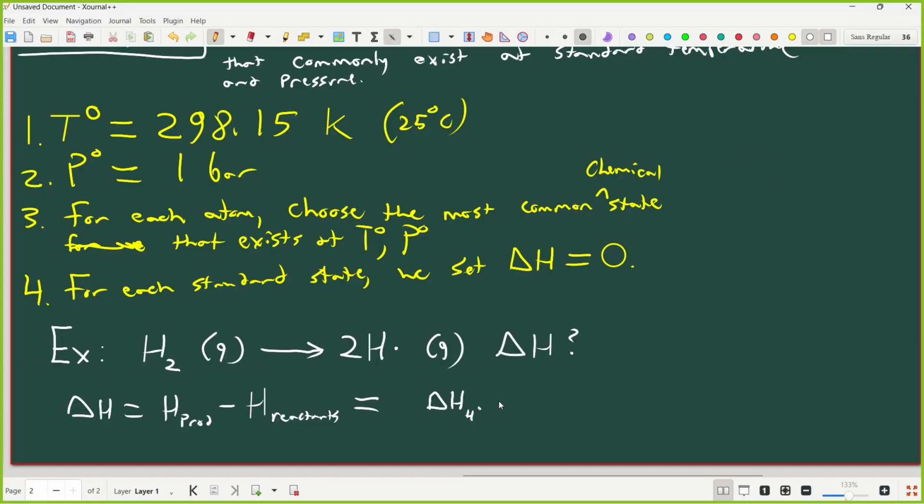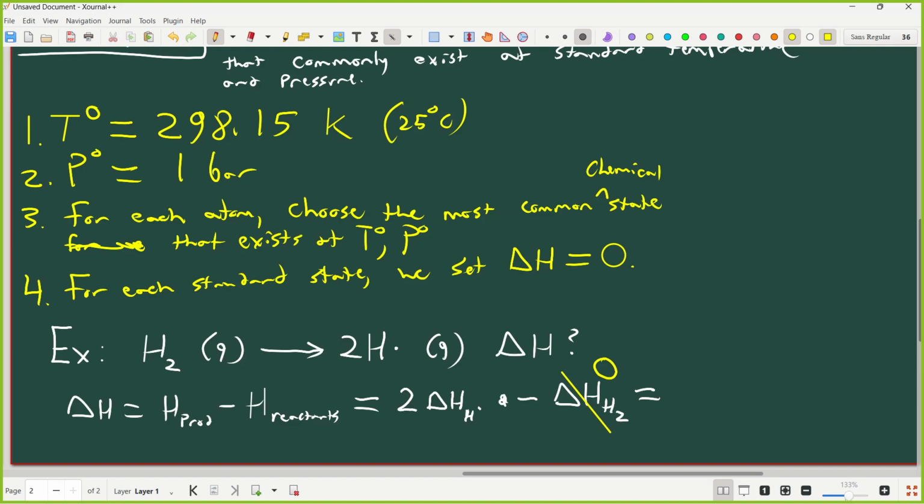Our stoichiometry is 2 moles of hydrogen, so I need to multiply this by 2. And then from that, I subtract the reference enthalpy for H2. By definition, molecular hydrogen is the standard state for hydrogen at room temperature and pressure, so this term is 0.